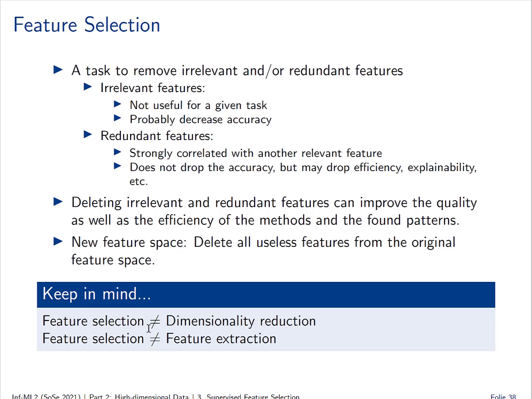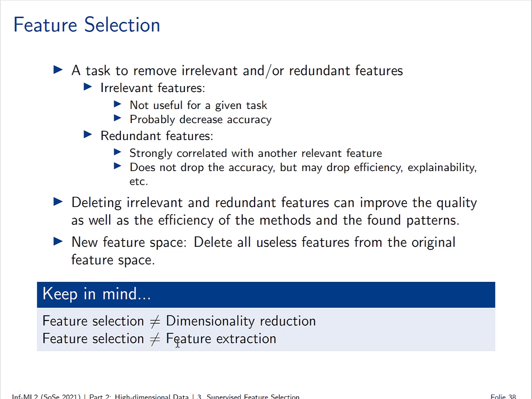The terminology is a little bit different, because if people in the community talk about dimensionality reduction, they do not mean feature selection, because typically dimensionality reduction is coupled with coming up with new features. That is the difference. And we will see some methods about dimensionality reduction next week.